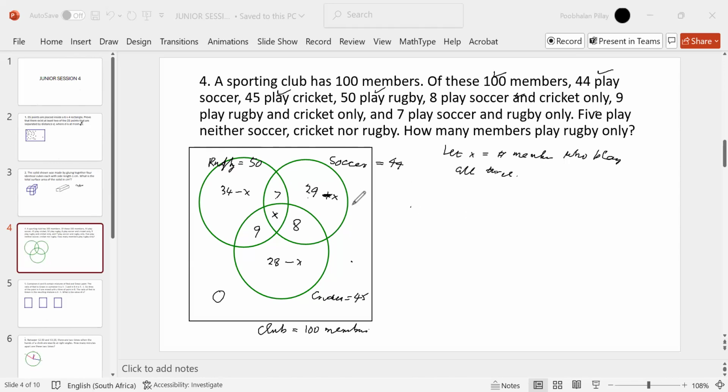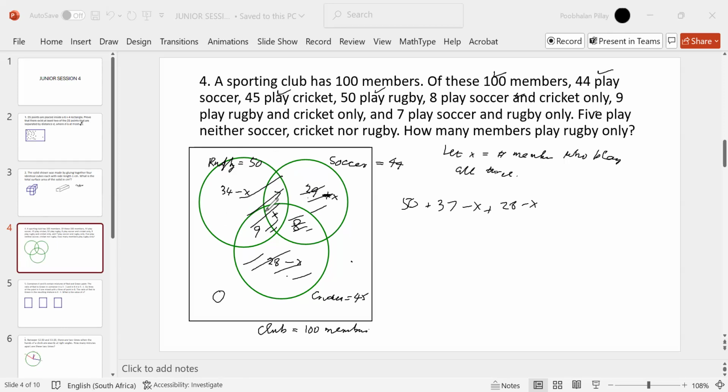So let's add up all of them. I'm just going to add all those in rugby, which I already know is 50. All right, so that is 50 there. Now these 2 here is 37 minus X. I've taken care of that. 29 plus 8. And the last one is 28 minus X. So now I've taken care of the whole lot.